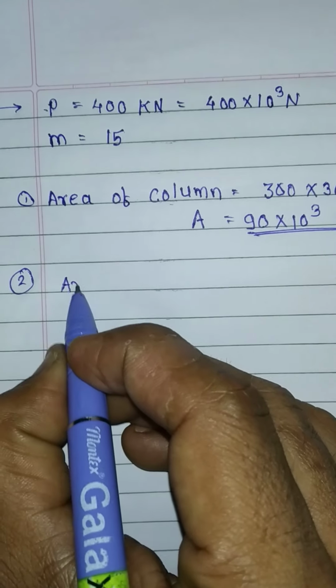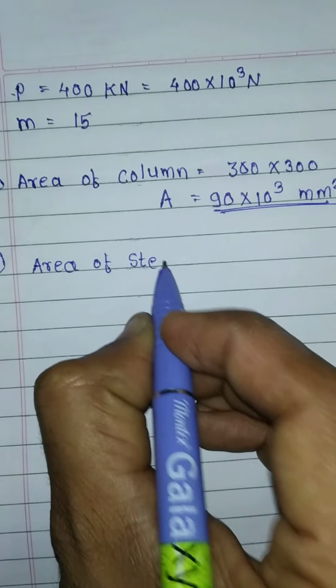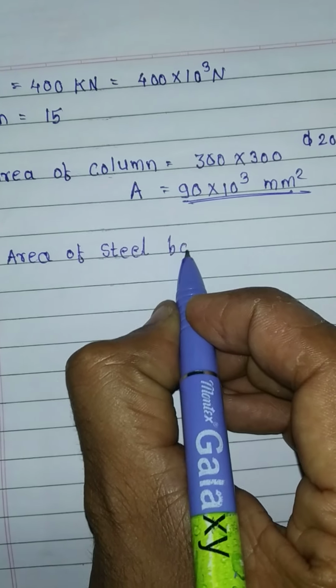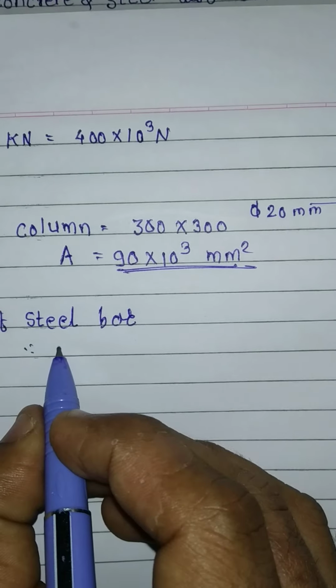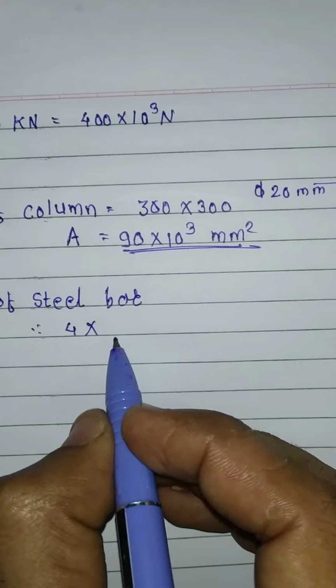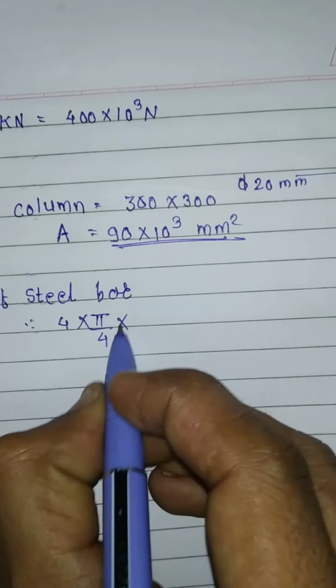Second one is the area of steel bar. In this problem the RCC column has 4 steel bars, so we write 4 into area of bar, pi by 4 into d square.